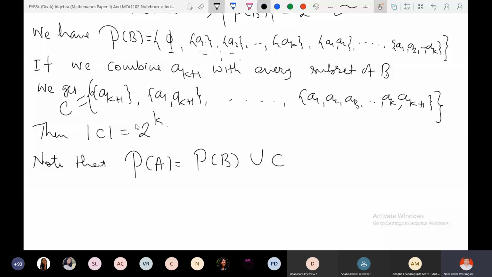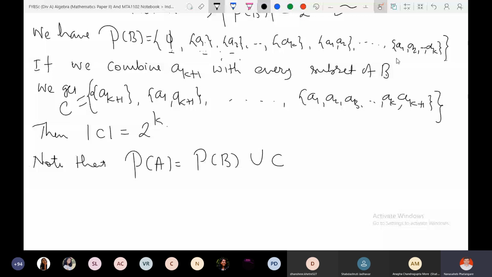These are subsets of B, and they are also subsets of A. But what is the problem with the power set of B? It does not include AK plus 1. So these are new sets, and these new sets which are in C are different from the power set of B. The sets here and the sets here are clearly different, because every member here contains AK plus 1, but no member here contains AK plus 1.